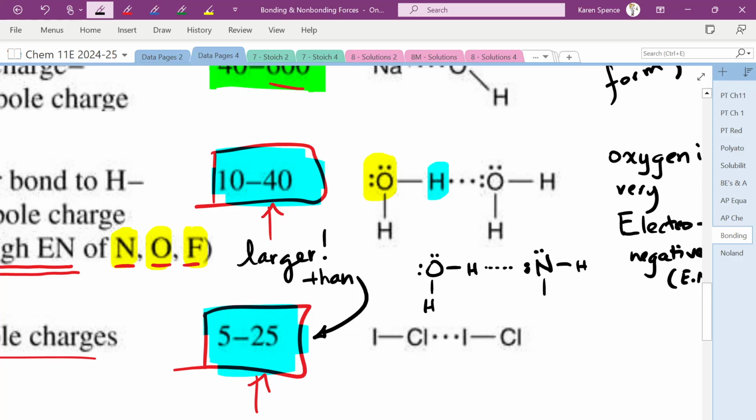That's fine. I don't know why I have a lone pair there. It should be a bond. So it doesn't have to be the same thing. You could have a nitrogen or an oxygen in either place, or a fluorine for that matter. Is that good? Okay.